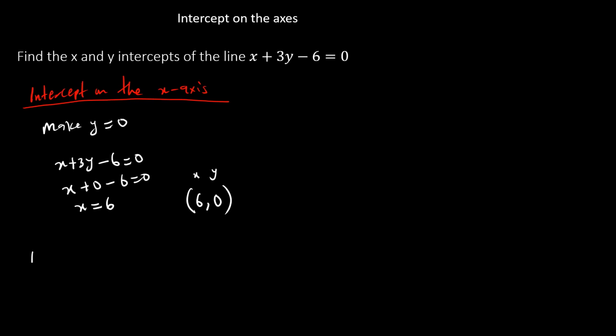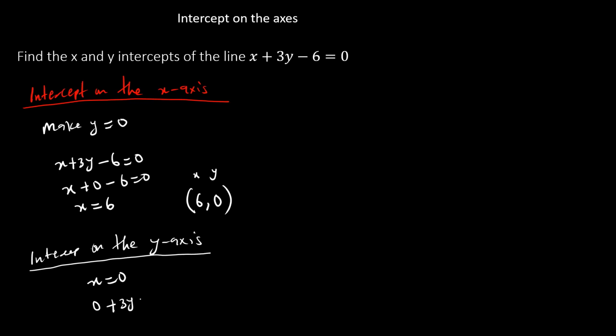Then the second one, which is the intercept on the y-axis. To get the intercept on the y-axis, simply substitute x to be equal to 0 and solve for y. From this equation, we have 0 plus 3y minus 6 equals 0.